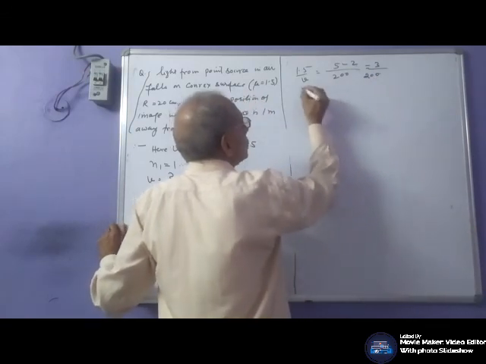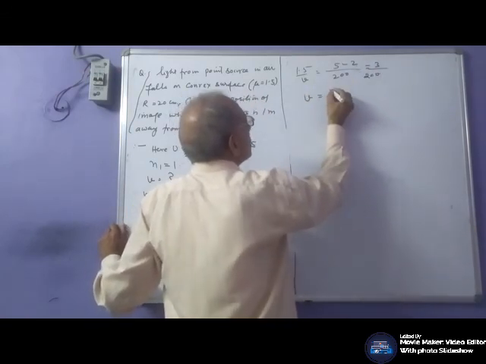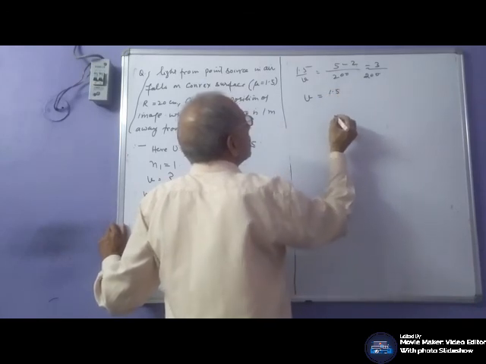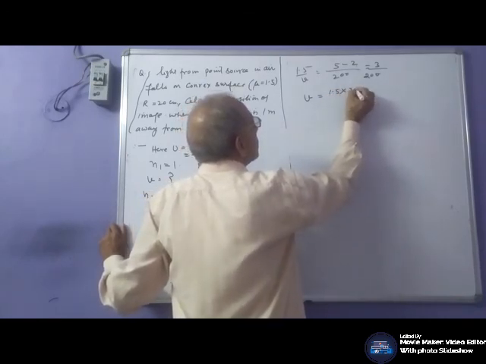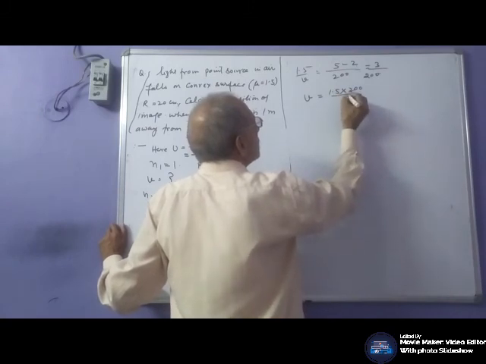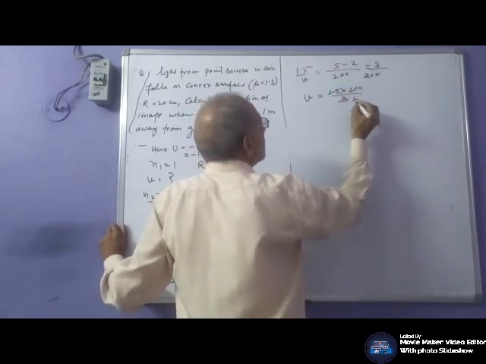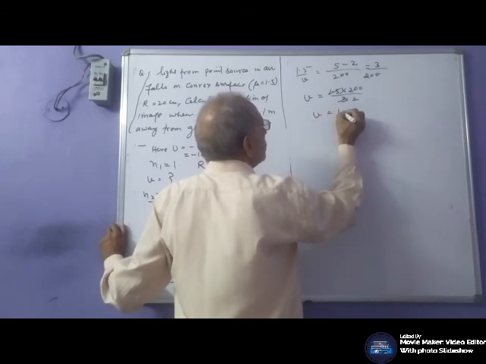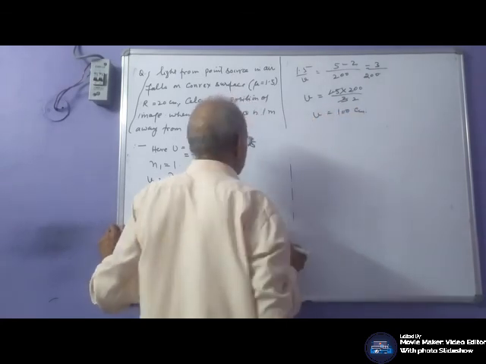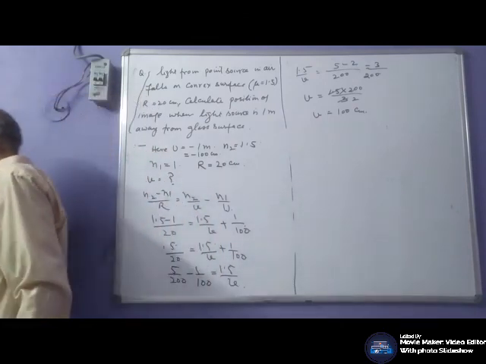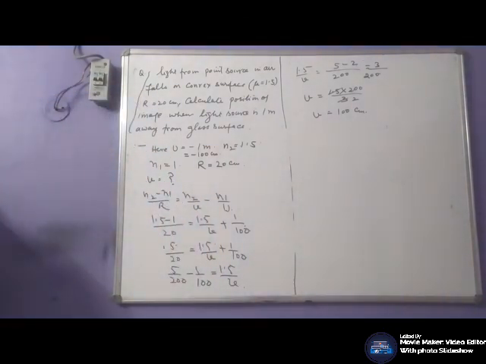So V, cross multiply, V comes out to be 100 centimeter. So this is all about spherical surface.